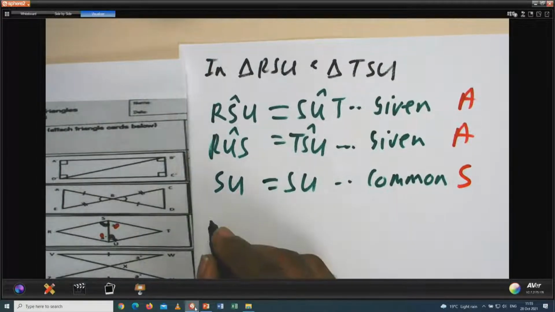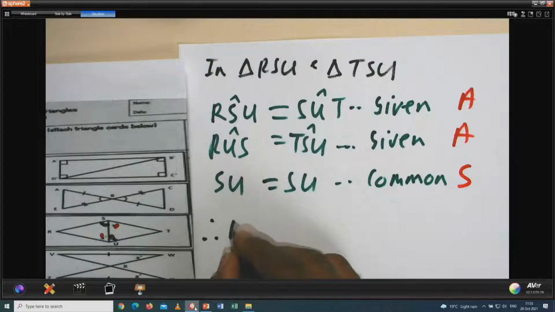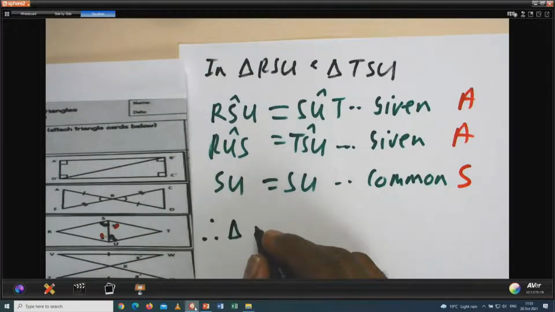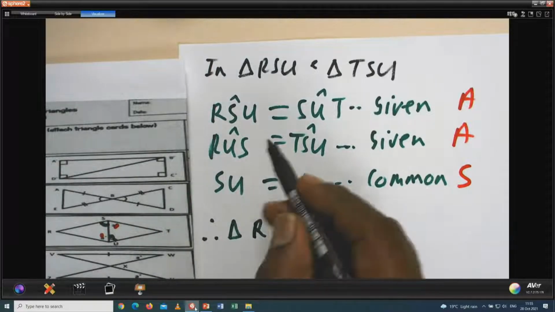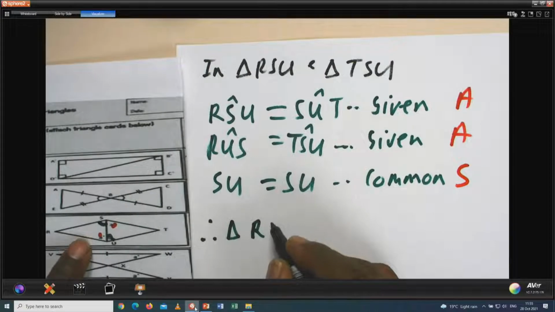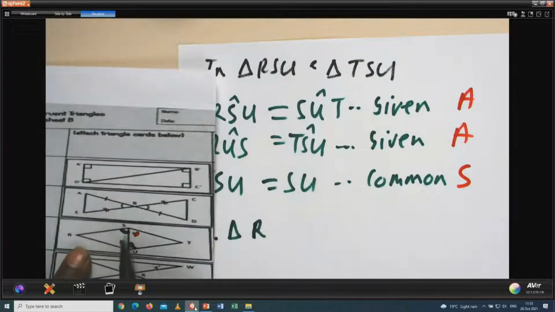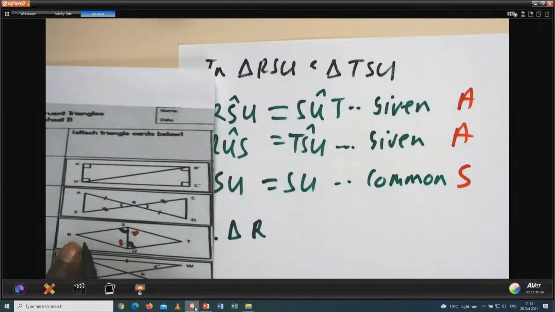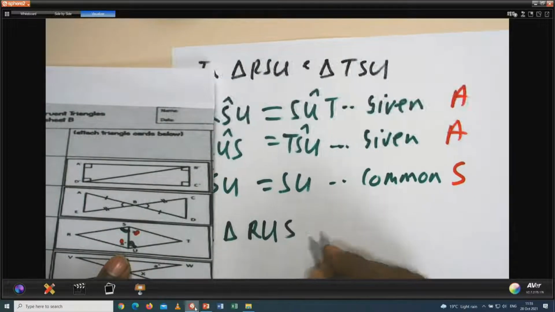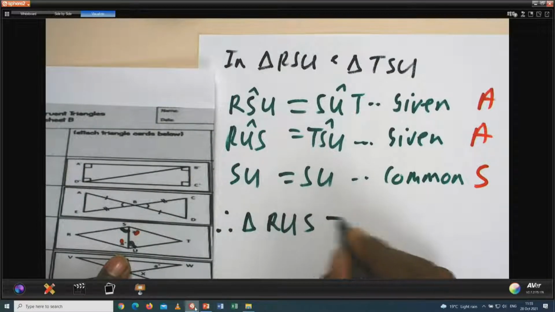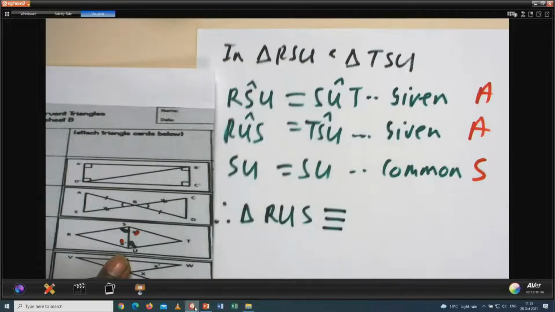You can therefore say, therefore, triangle R, they always need to be corresponding. That's very, very important. R, and then we go to the triangle below, which is U, angle below, and then we'll go up, which is S. Congruent, this is our sign for congruent.